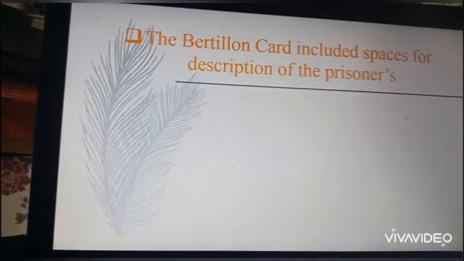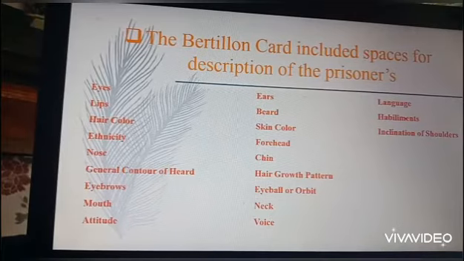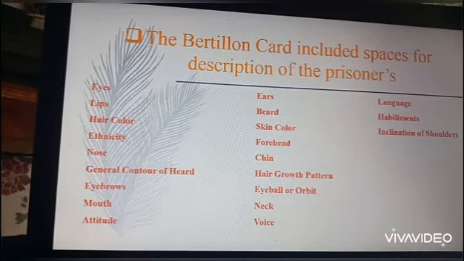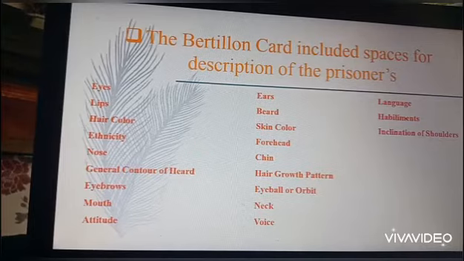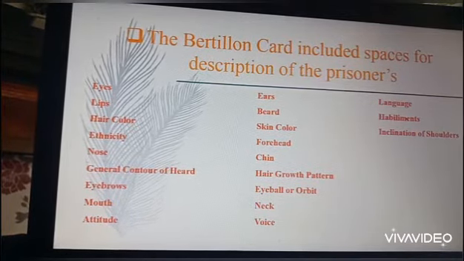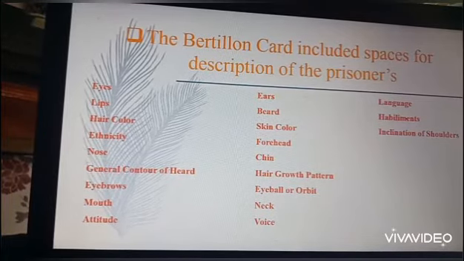The Bertillon card included spaces for description of the prisoners: eyes, lips, hair color, ethnicity, nose, general contour of head, eyebrows, mouth, attitude, ears, beard, skin color, forehead, chin, hair growth pattern, eyeball or orbit, neck, voice, language, habiliments, and also inclination of the shoulders.